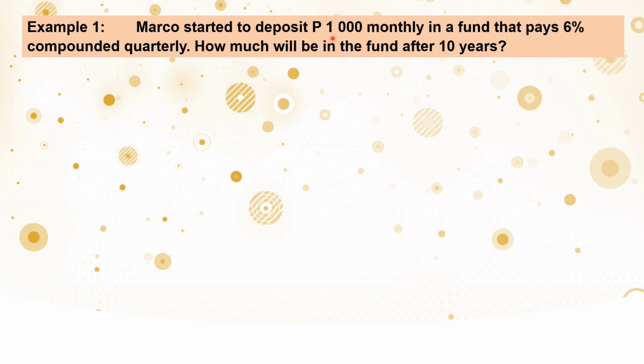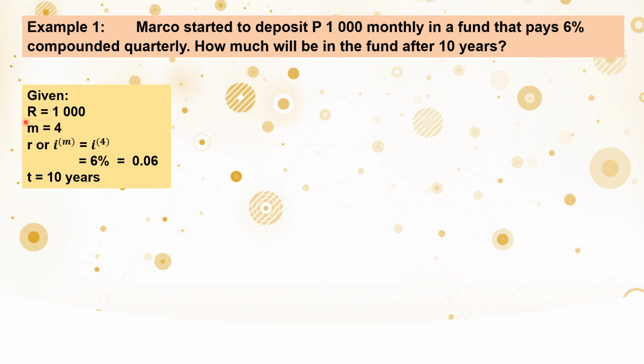We have 1,000 pesos. Since 1,000 pesos is the regular payment of Marco, 1,000 is our R, or periodic payment or regular payment. And since it is compounded quarterly, our M is equal to 4.